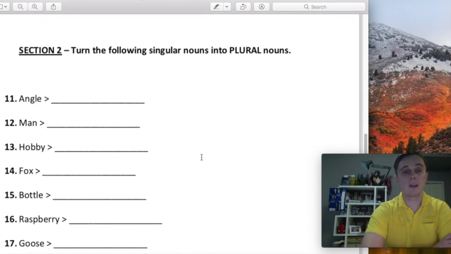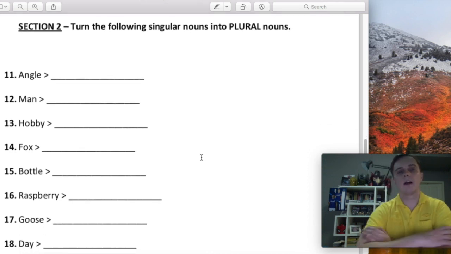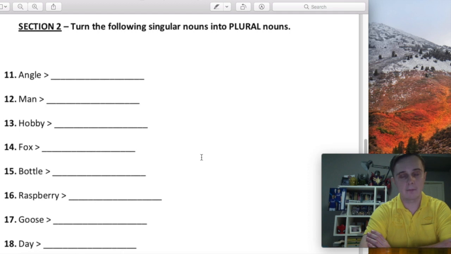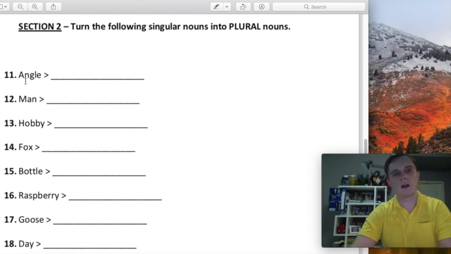Section 2 is a little bit more difficult. Here you have some singular nouns and you need to make them plural using the rules that we learned during lesson 4. So you have the word angle, like a right angle. How do we make angle plural? What do you need to do? Do you add s?